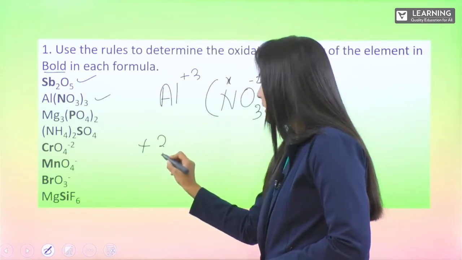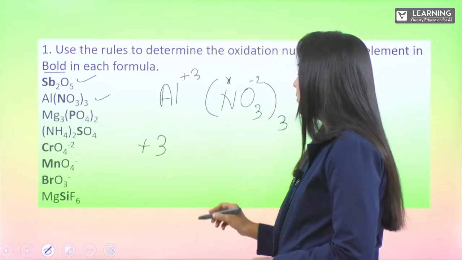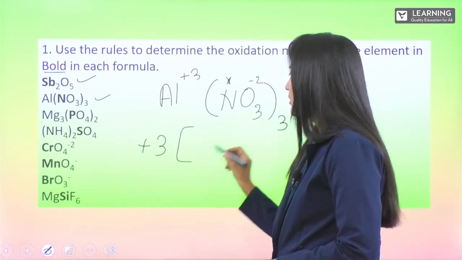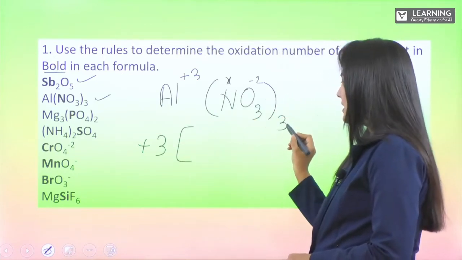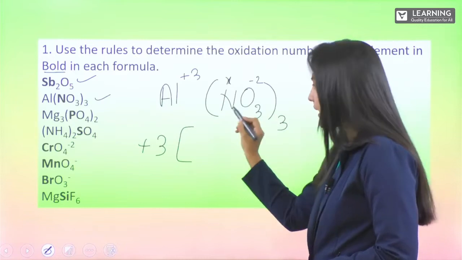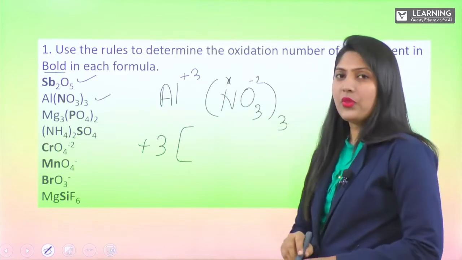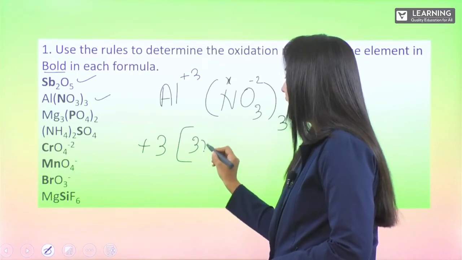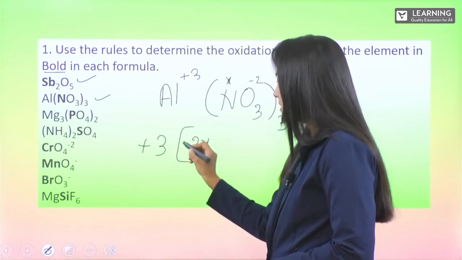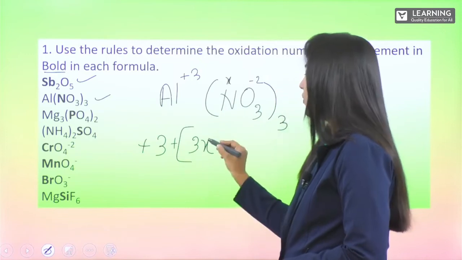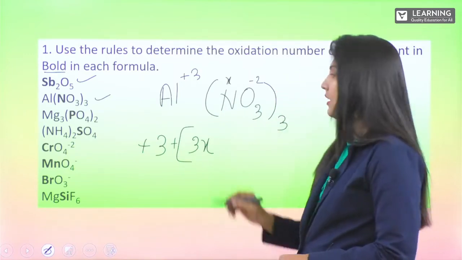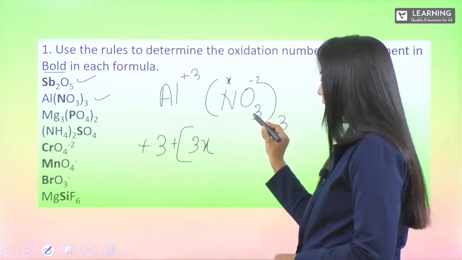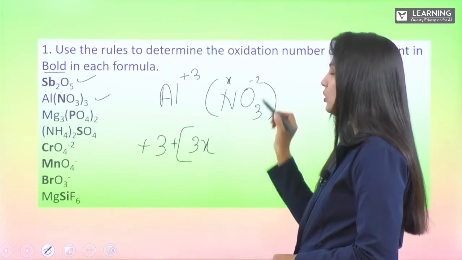So +3. Here we have 3x. This 3 is also for nitrogen and also for oxygen. So 3 into x, we get 3x. Here 3x, plus we have 3 into 2.